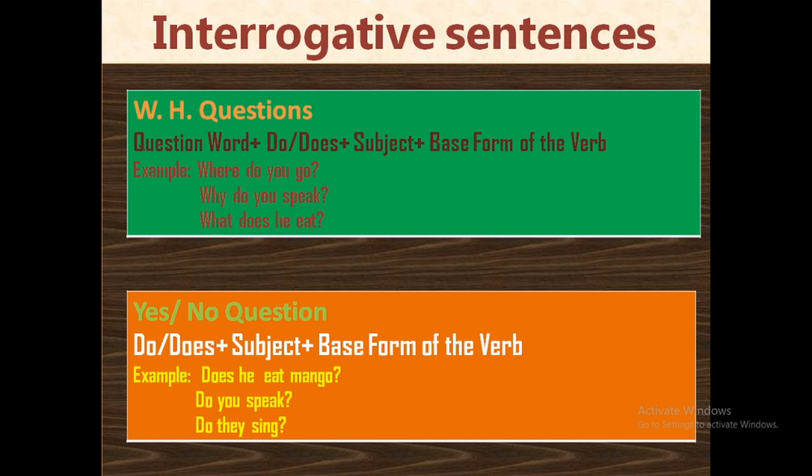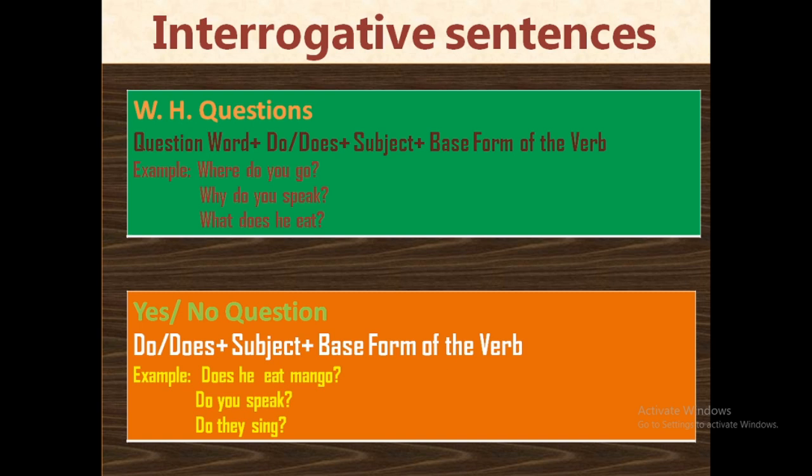Question word plus do or does plus subject plus base form of the verb, and there must be a question mark. Example, where do you go? Why do you speak? What does he eat?